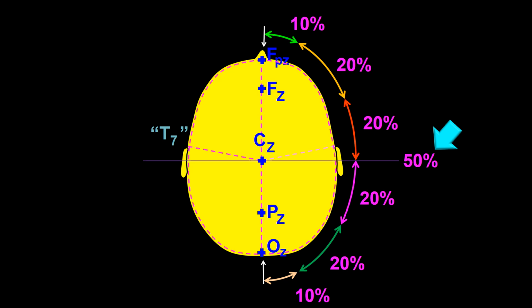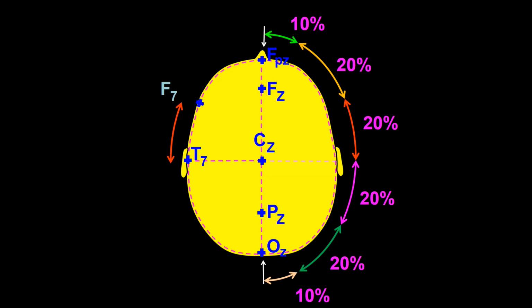So at this junction we draw a line at the 50% mark between FPZ and OZ. This line goes from one side of the head to the other. So it is where this horizontal line crosses the circular line on the left side that we place the definite T7.